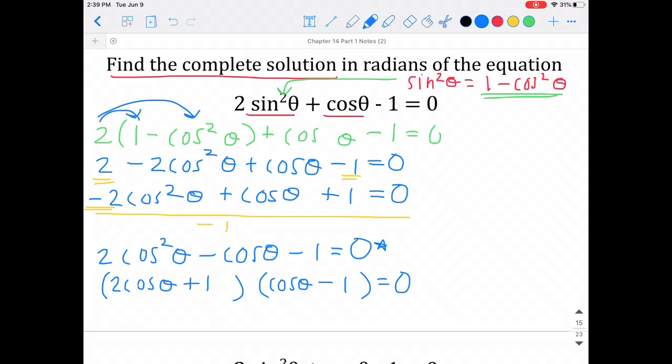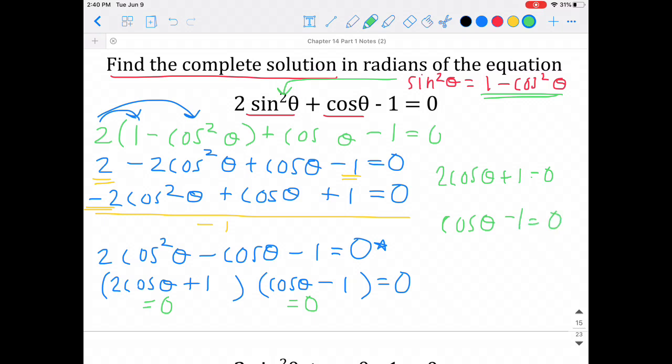So now, remember back to when we were originally solving equations by factoring, we have to set each of these expressions equal to 0. So we have 2 cosine theta plus 1 equals 0, and cosine theta minus 1 equals 0.